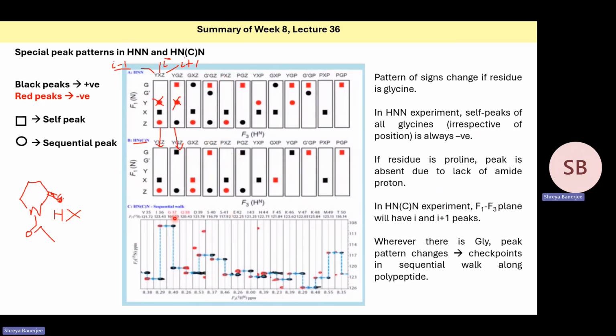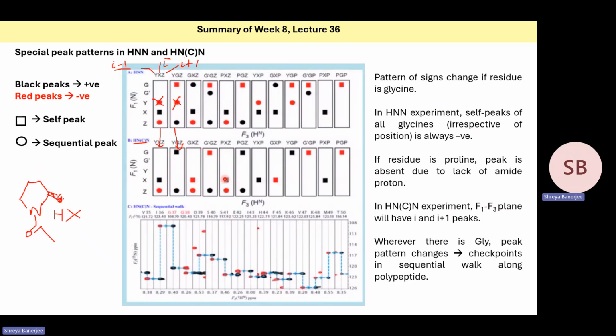Similarly, you can see here, if you have PXZ, where P is in the I minus 1 position, then the number of peaks doesn't change. Compare YXZ and PXZ: both have one positive and one negative peak. Here, because P is in the I minus 1 position, and we know the I minus 1 position does not appear in HNCN spectra, the pattern does not change.